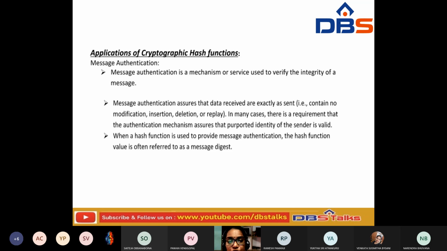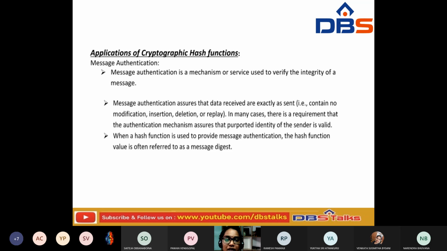When a hash function is used to provide message authentication, the hash function value is often referred to as a message digest. It is not simply a mechanism but a major function that we apply at the time of message authentication. Why? Because this service is used to verify the integrity of a message.